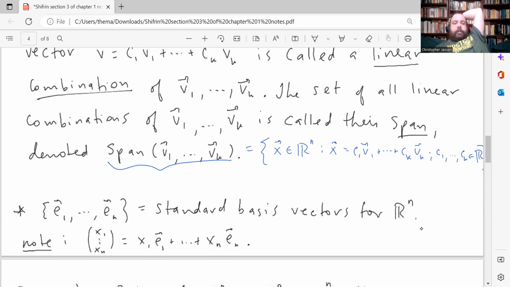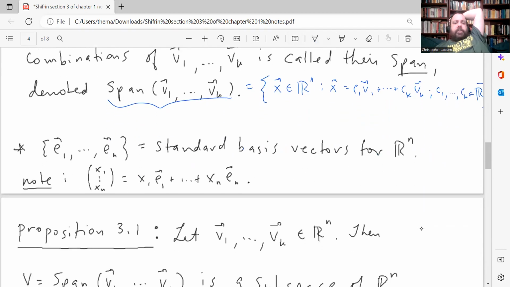He does talk about some notation here. Usually we use this notation to denote the standard basis vectors for Rn. Let me do this on the whiteboard just because this notation comes up a lot.